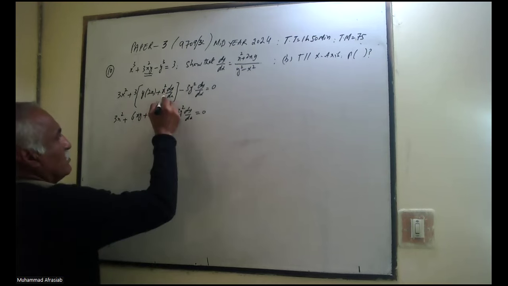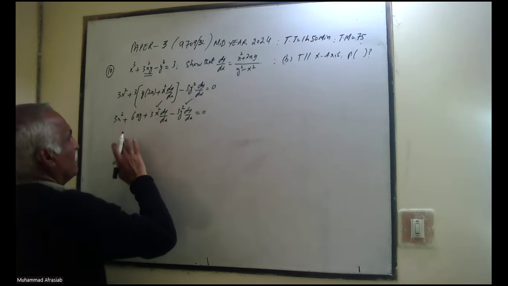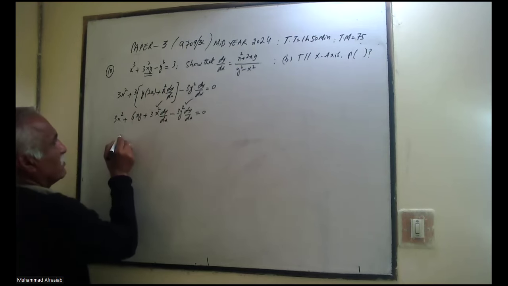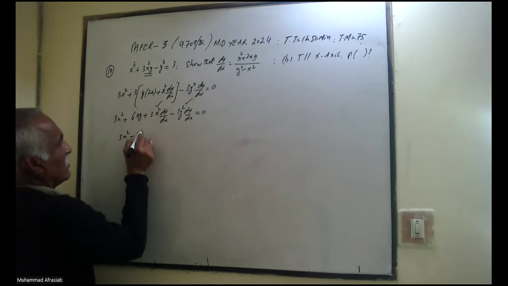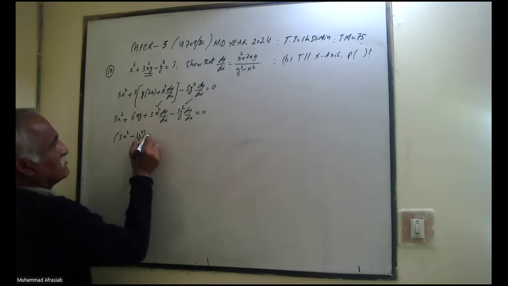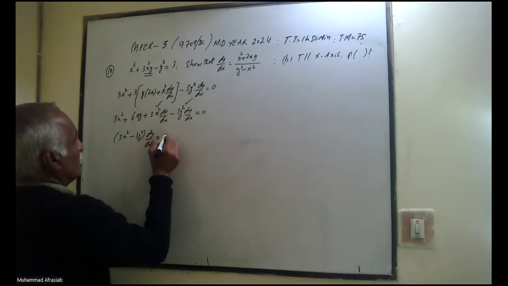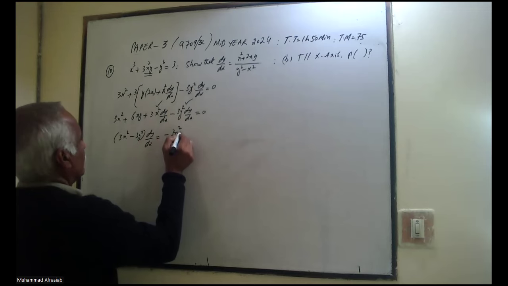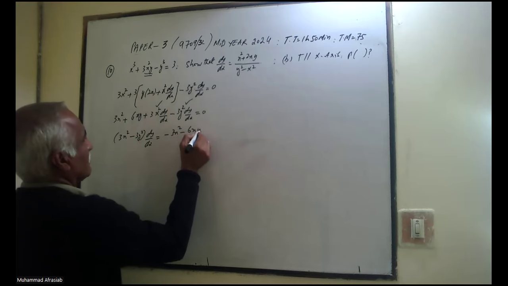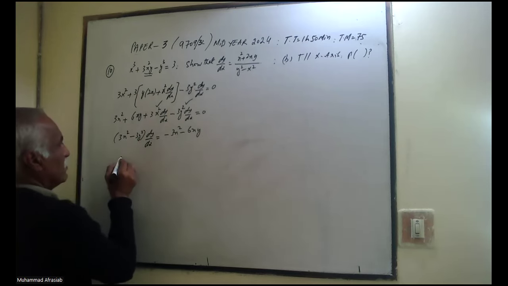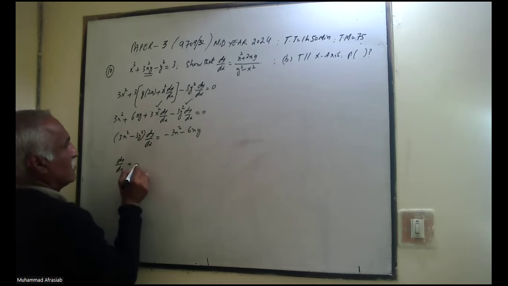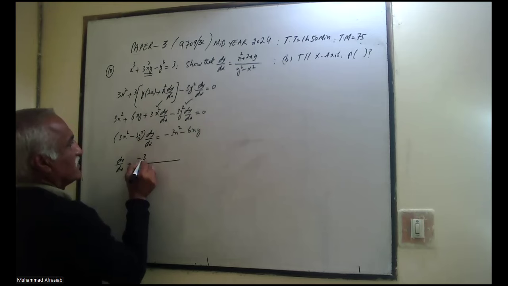Now these two terms are containing dy by dx, and we will shift the rest of the things to the other side. So it will be left there 3x square minus 3y square into dy by dx is equal to minus 3x square minus 6xy. So here dy by dx is equal to minus 3 is common.